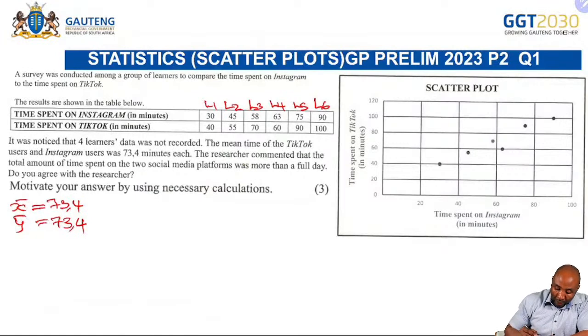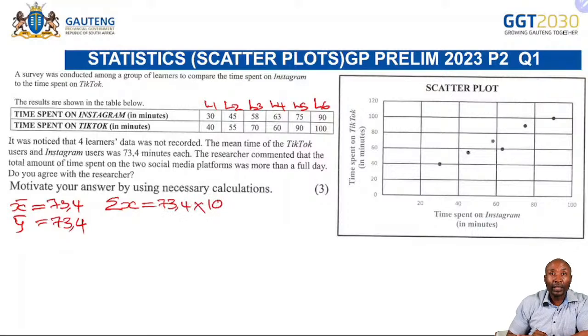How do we get a mean? Our mean is always given by the sum of the data items divided by the number. So to get the total for our Instagram, we are going to say our mean, which is 73.4, we multiply it by 10 because now we have 10 learners on Instagram. We get 734 minutes.